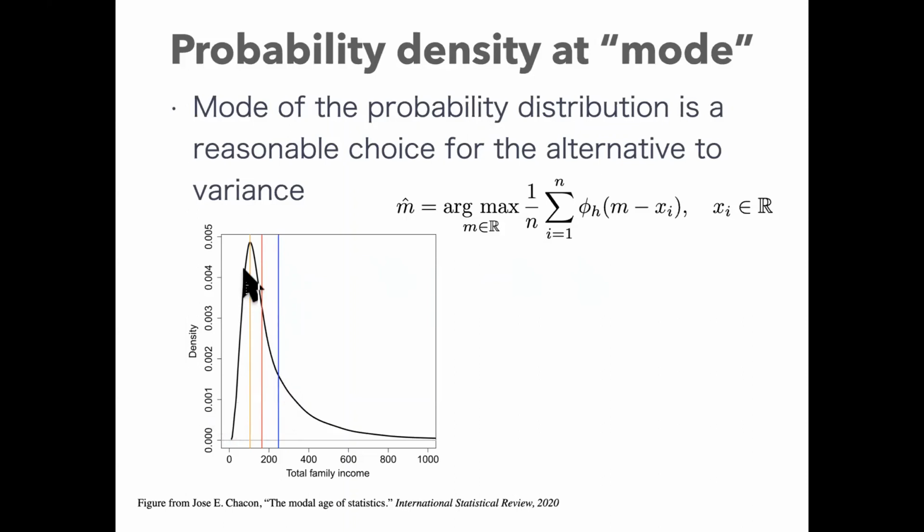To characterize this kind of distribution, the mode is better than the other two location parameters. There are many mode estimators, but here we consider the one based on the so-called Parzen-Rosenblatt kind of estimators.